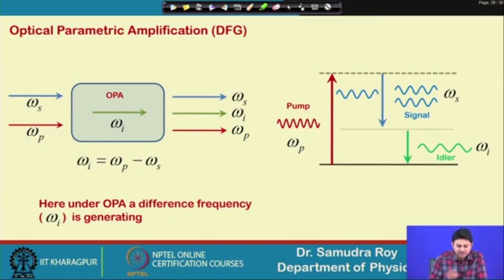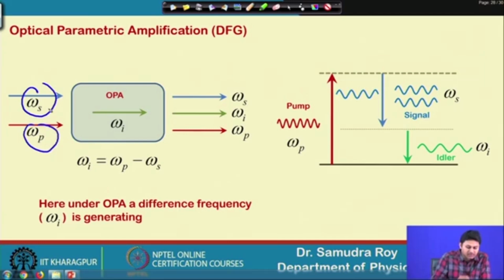What was shown in the previous slide is now shown pictorially here. I launch two waves: a strong pump, omega p, and a signal, omega s. So, omega p is the frequency of the pump, which is a strong wave, and omega s is the signal. Inside this system, under the optical parametric amplification process, we can generate another wave of frequency omega I, which is the difference of omega p and omega s.